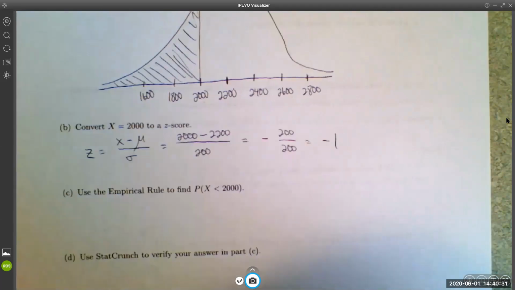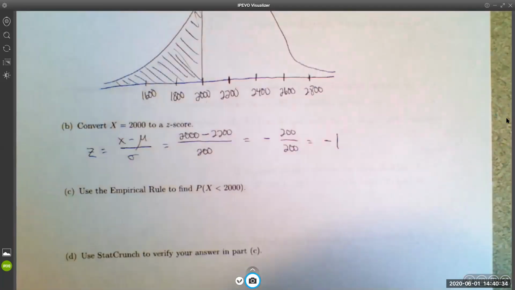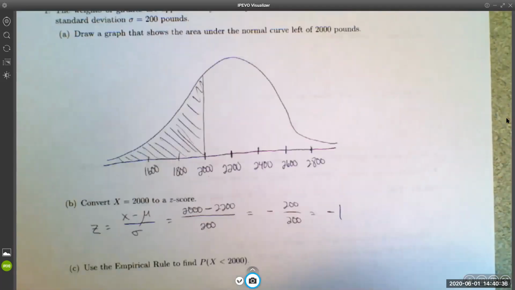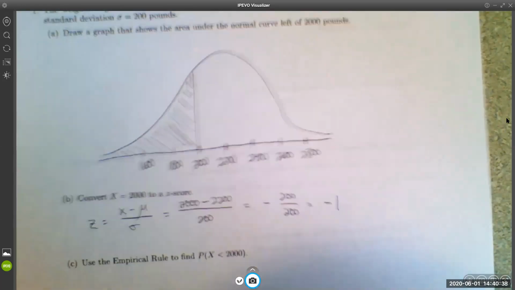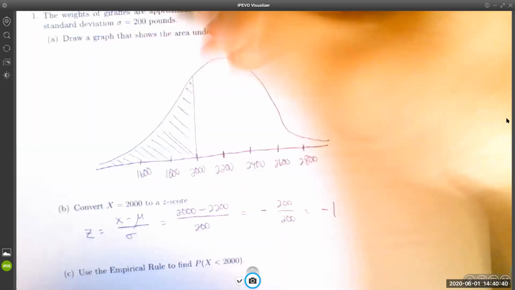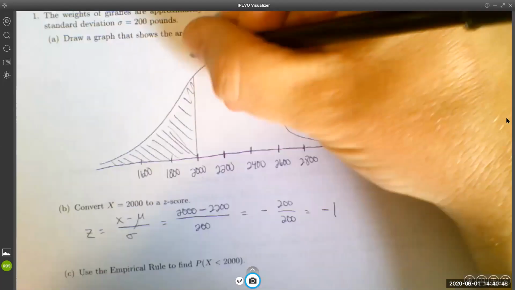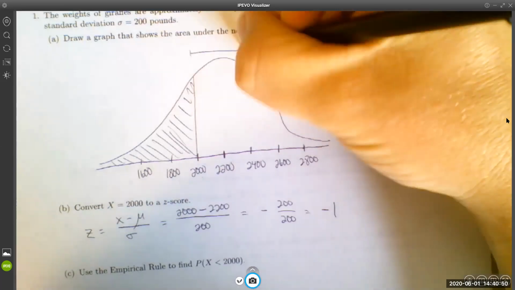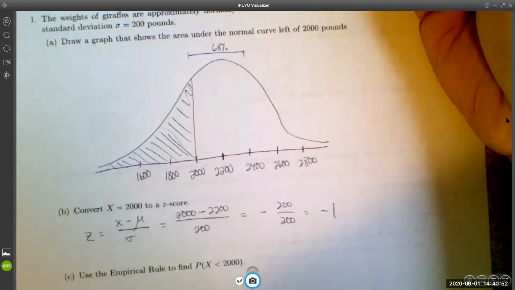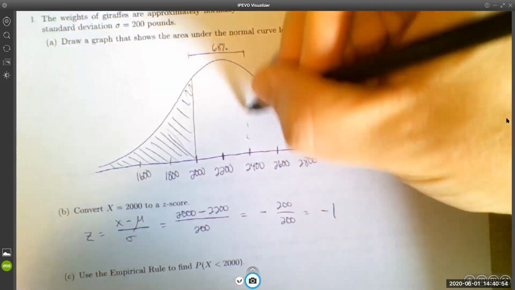Part C is a blast from the past. It says use the empirical rule to find the probability that x is less than 2,000. Well, the empirical rule, remember, is the one that said that 68% of the data is within 1 standard deviation and so forth. If you split that 68 in half, then that means 34% is here.